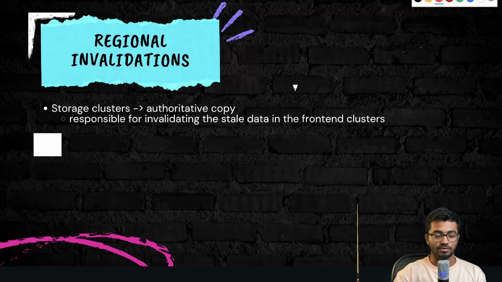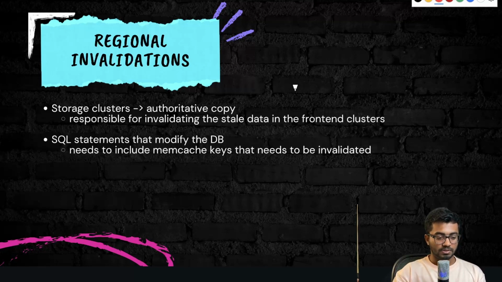That is very important. The SQL statements that modify the DB need to include the Memcache keys that need to be invalidated. That means whenever someone fires a SQL query to the database, the SQL query needs to be amended in such a way that after the transaction is committed, if it deletes something, those deletes are fanned out to the Memcache cluster so that the stale data is removed as soon as possible.